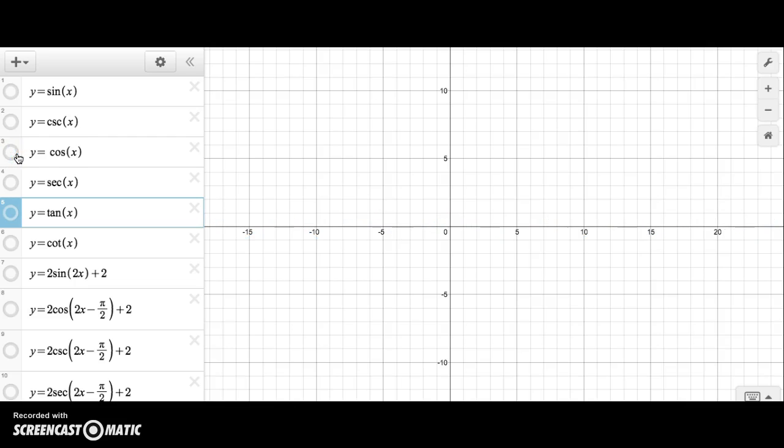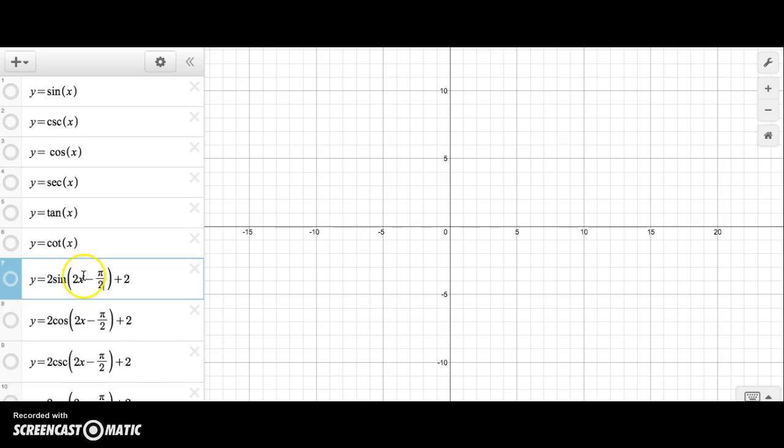Now, we're going to talk about, whoops, we need this to be minus pi over 2. We are going to talk about amplitude, phase shift, horizontal shift, and period.